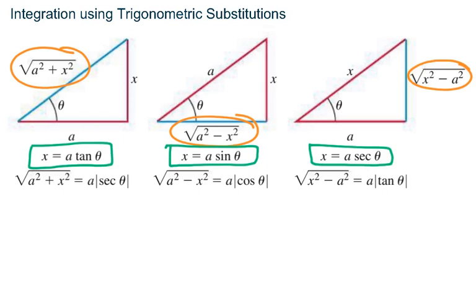And you'll notice we have these bottom equations here. And I'm going to derive for you how we get a times secant theta. I'm not going to do all three because the other two would follow by a very similar argument. So let's say that we start with tangent theta equals x over a.